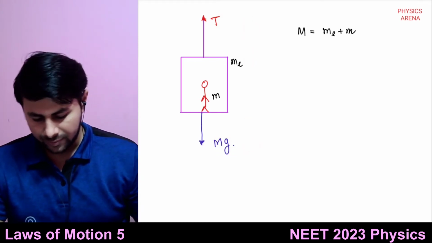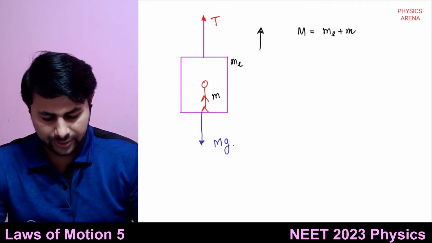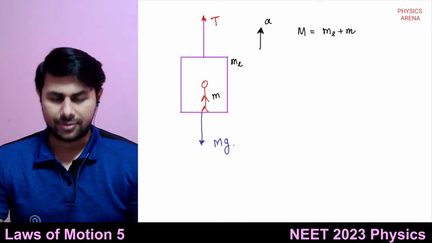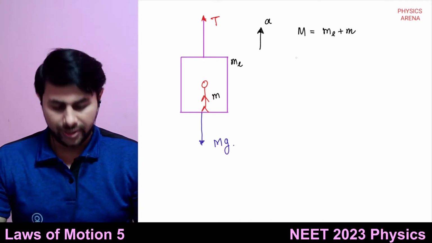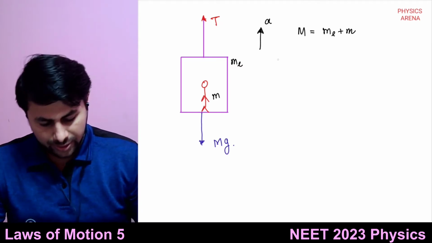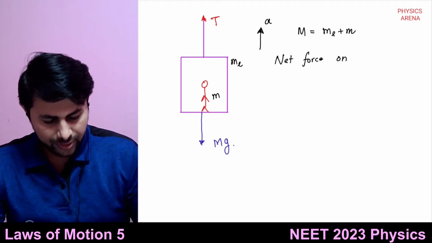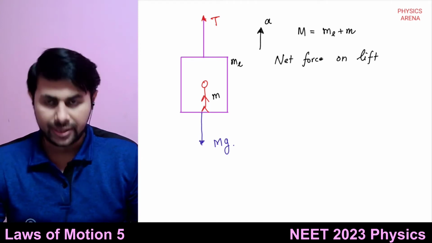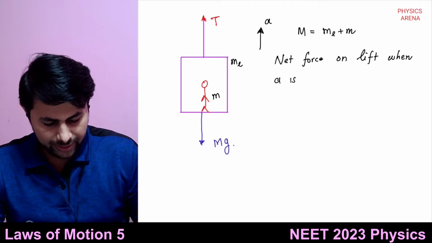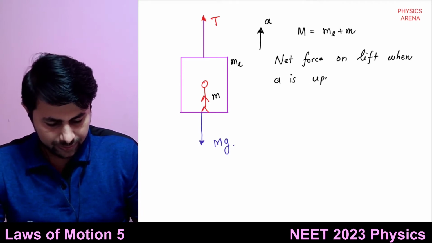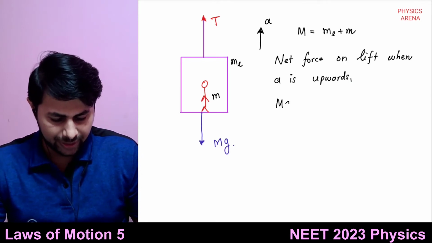Now let's suppose it accelerates upwards and a is the acceleration. What can I say about the net force? The net force on the lift when a is upwards is M times a.